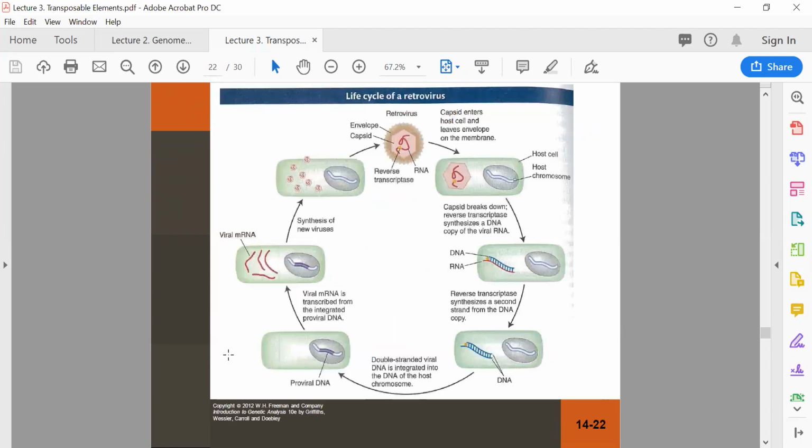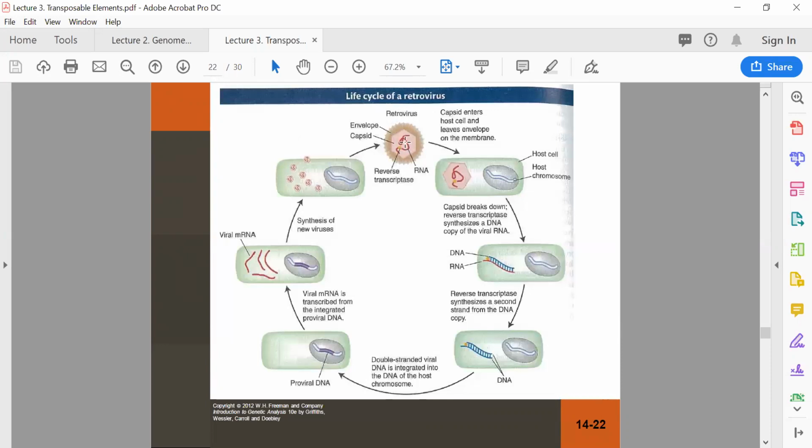All right, so to understand what was happening there, we need to look a little bit at the life cycle of a retrovirus. And of course, probably the best known retrovirus is the HIV virus that causes AIDS. Okay, so in looking at this life cycle, a retrovirus is a single-stranded RNA virus.